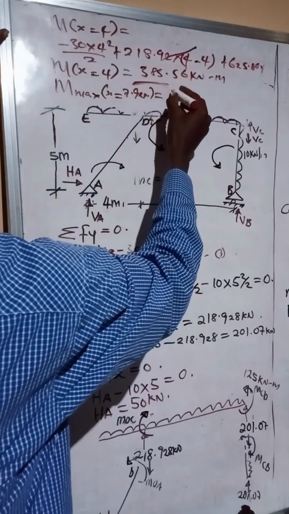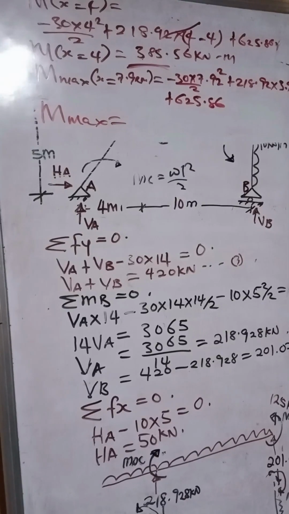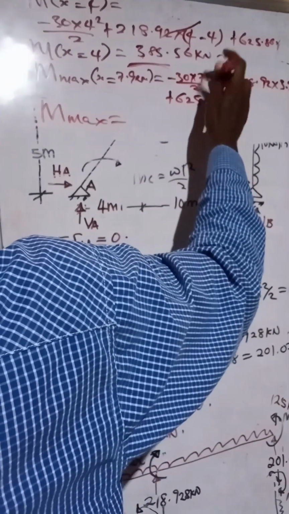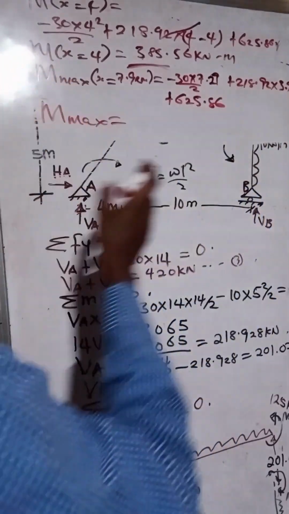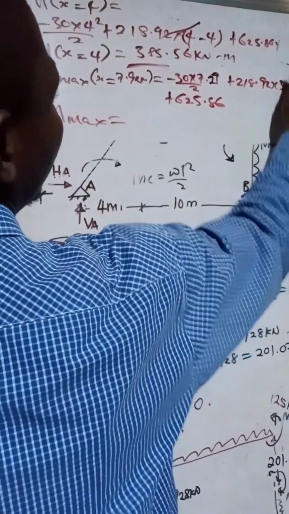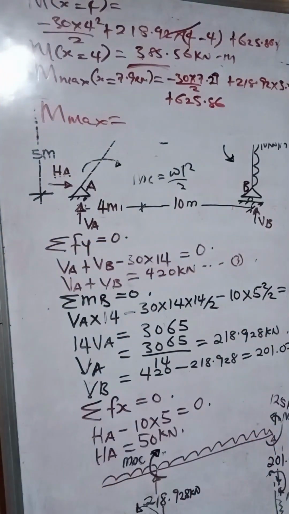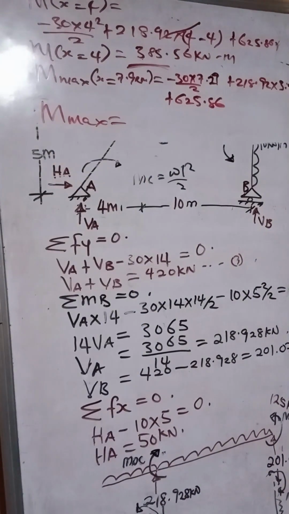Substituting it into this expression, we'll have 30 times 7.29. Let's work it out and find out what we have as the maximum span moment.